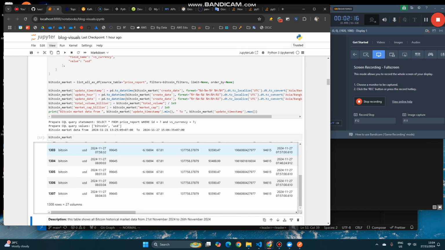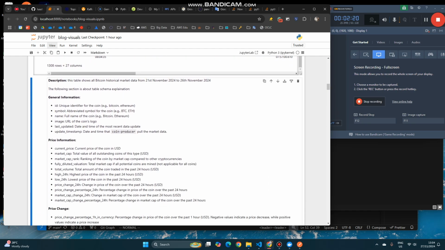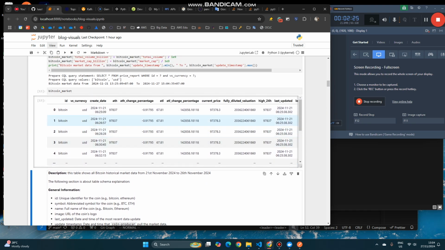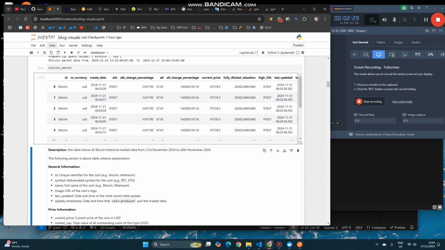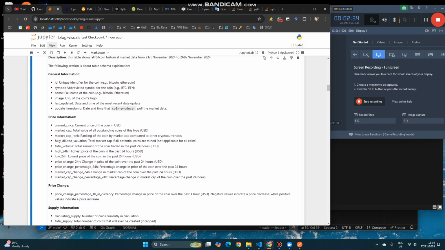So we get Bitcoin here, a lot of data, and I think the information showing in this table is useful. We have the current price, which is the price in USD. The market capitalization is the total outstanding coin, the volume of outstanding coin that has been traded.